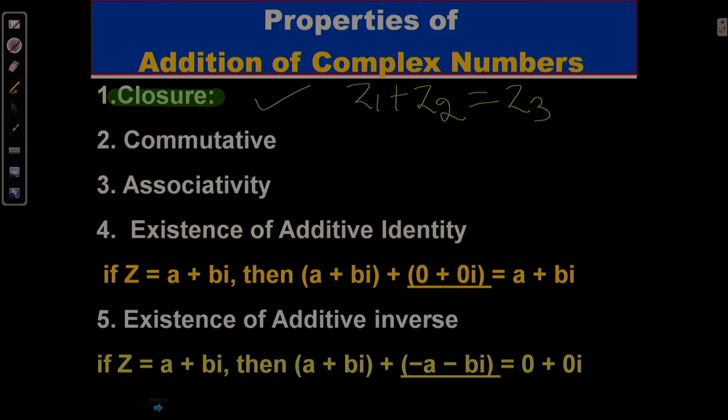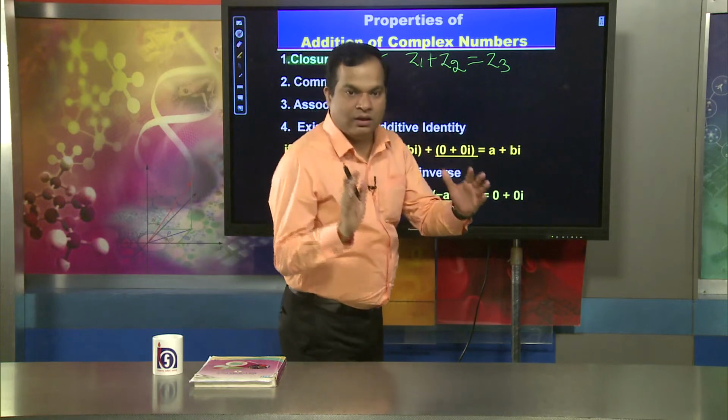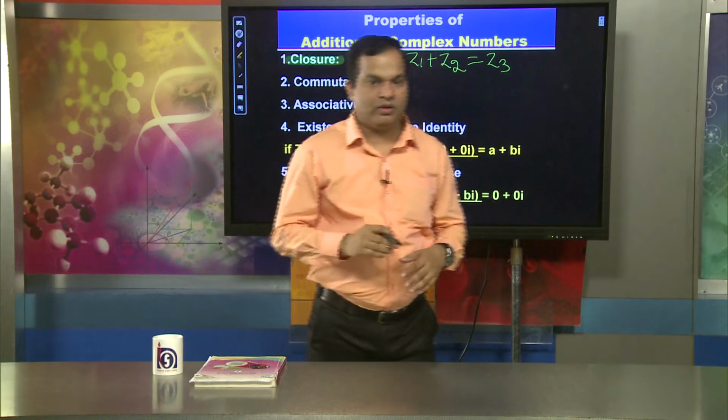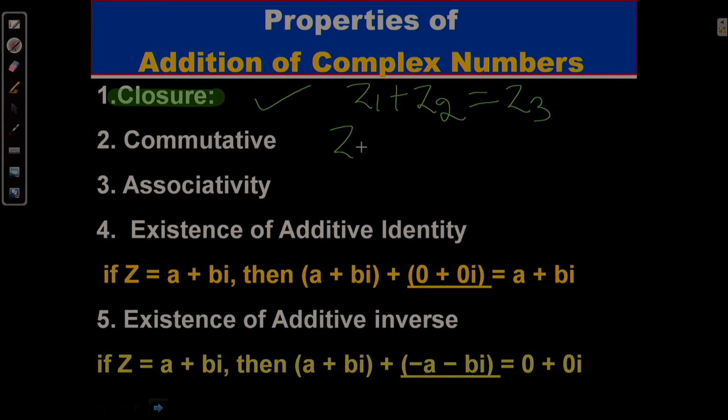When talking about the commutative property, suppose Z1 is one complex number and Z2 is another complex number. When we add them to each other, Z1 plus Z2 is equal to Z2 plus Z1.